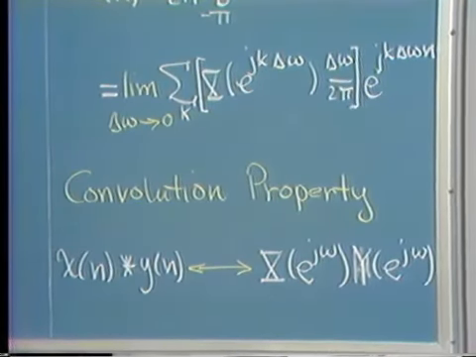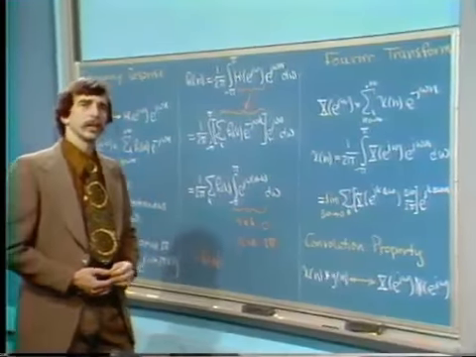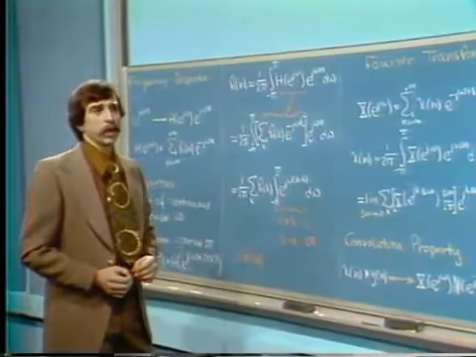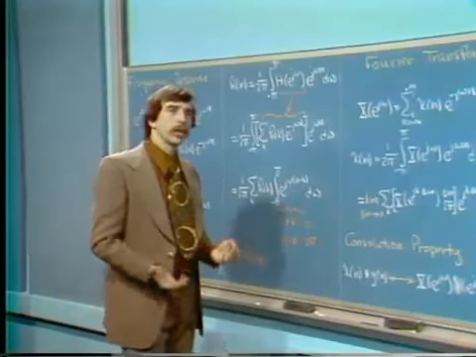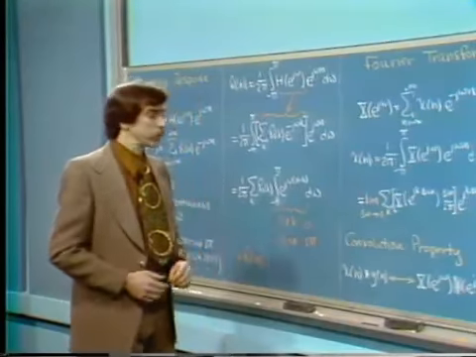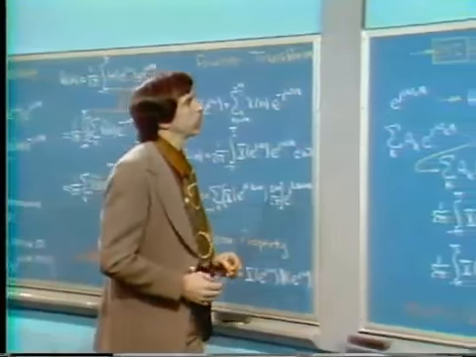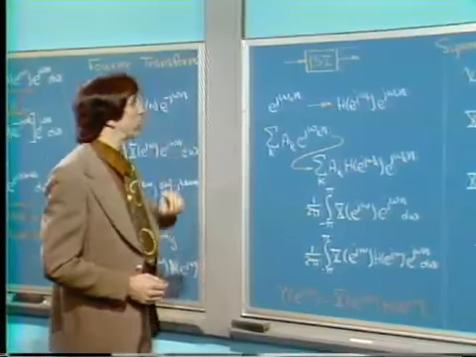Well, let's look at, again somewhat heuristically, an argument that at least justifies this, keeping in mind that we could go through this more formally, plugging sums into integrals and integrals into sums. But let's not do that. Let's look at this from a somewhat heuristic point of view.